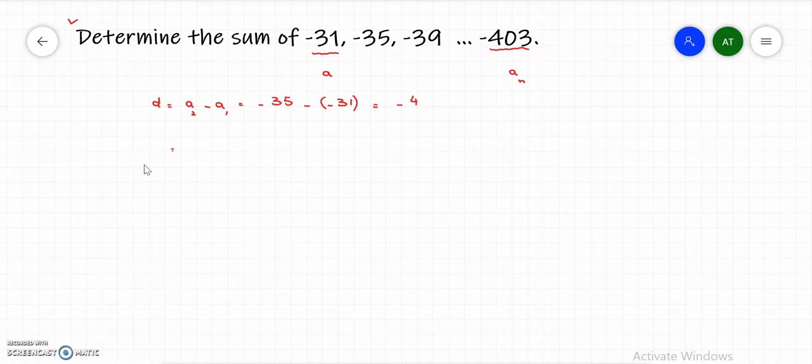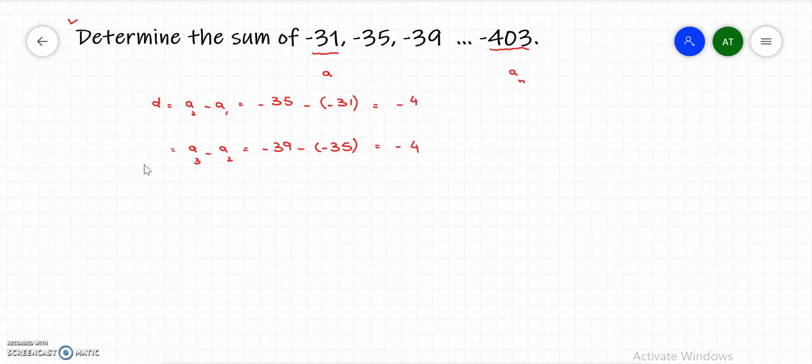Let's find the second difference, that is A3 minus A2. So the third is negative 39 subtract negative 35. So minus 39 minus minus 35, that is again equal to negative 4, right? So that means we have a common difference in this sequence.